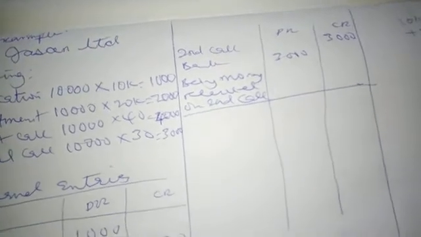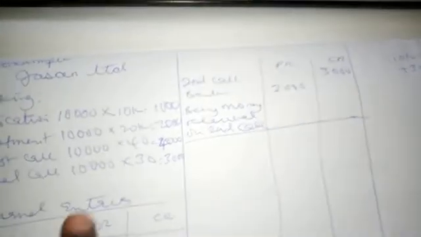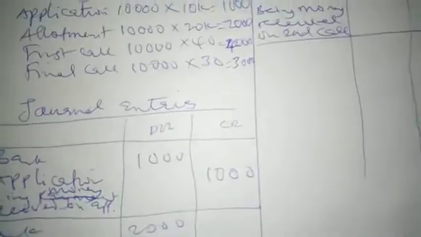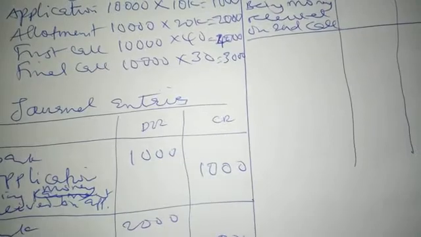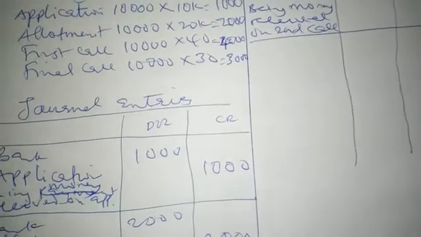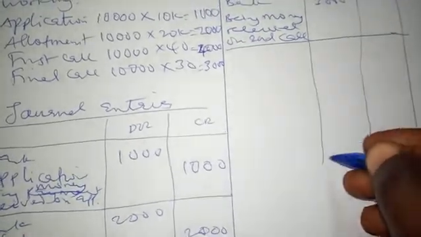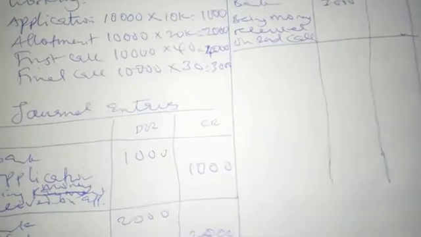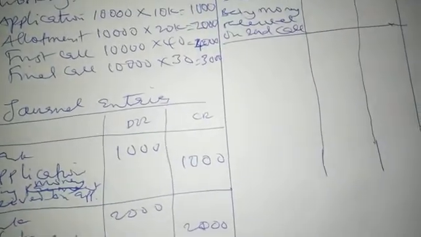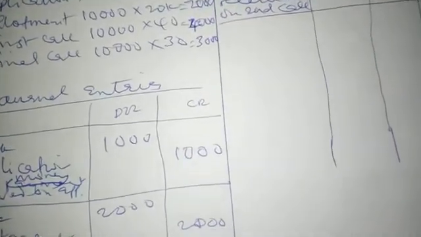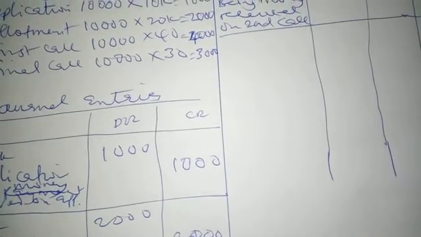Now, then we go to the other part of it. These shares that were issued on application, allotment, first call, and final call, they are all shares. They form part of the capital of that business. That means we call them share capital, ordinary share capital. So then we're going to open the ordinary share capital for all these.